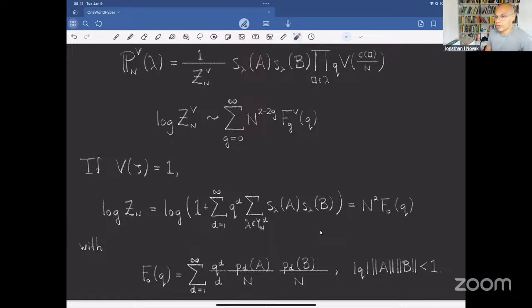So there's no need to take n going to infinity or anything like that, where F0(q) is just this logarithmic function, the sum of q to the d over d, and p_d(a) and p_d(b) are just the sums of the dth powers of the eigenvalues of a and b, and this is a convergent series.